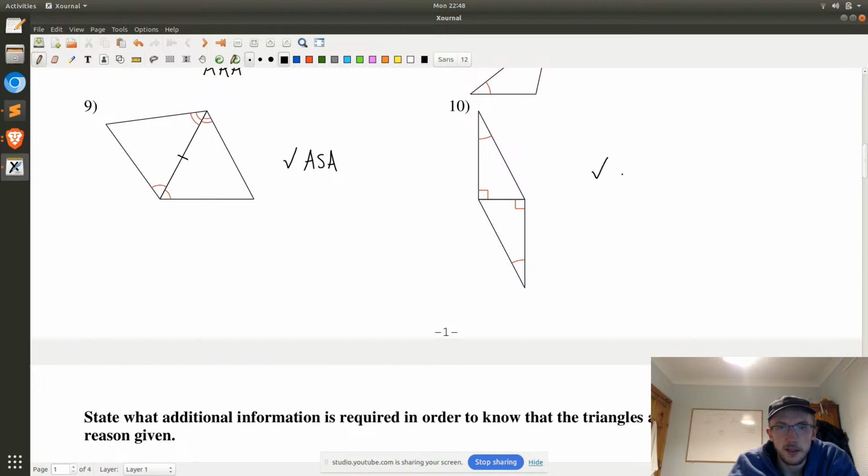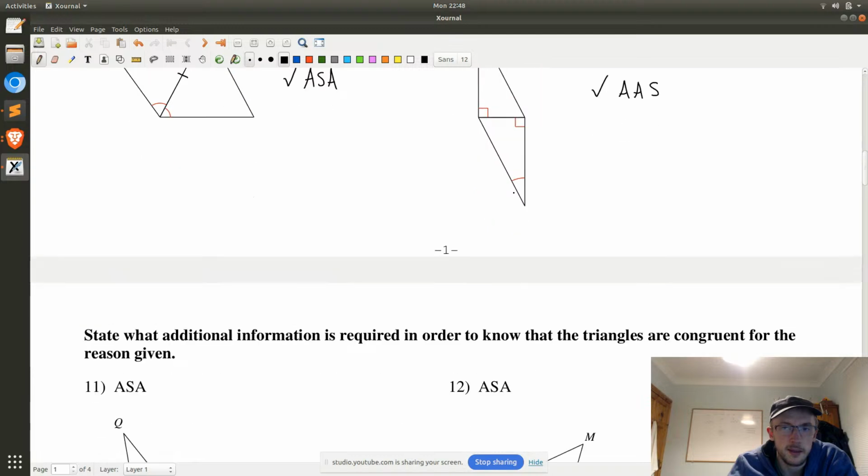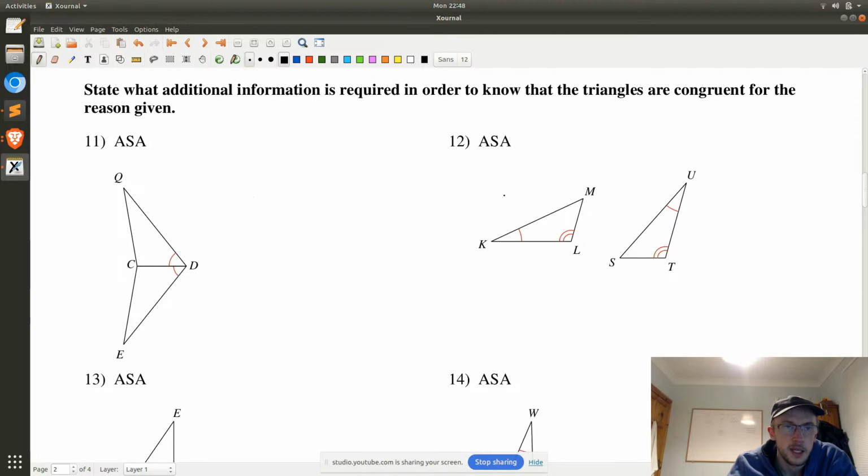And yes, because of the angle-angle-side theorem. That's strange, that should be angle-angle-side. Well, I guess that applies as well.